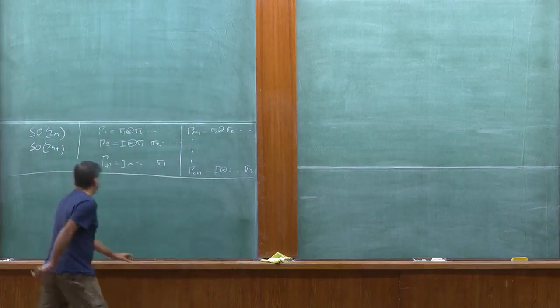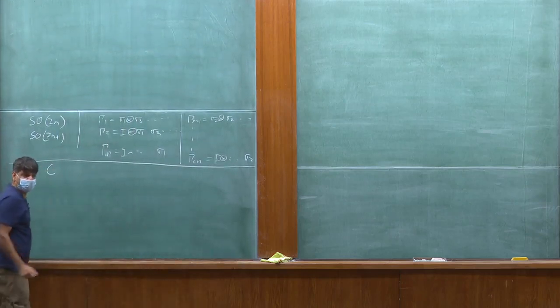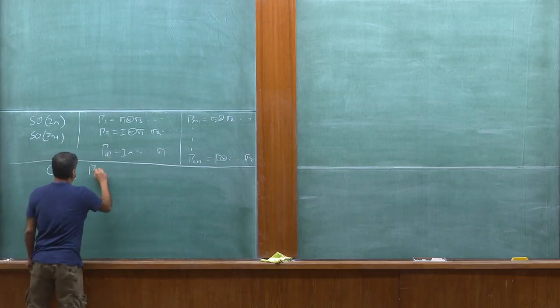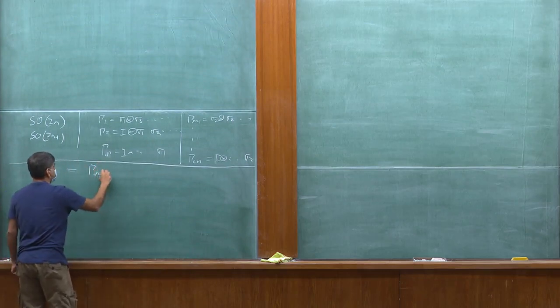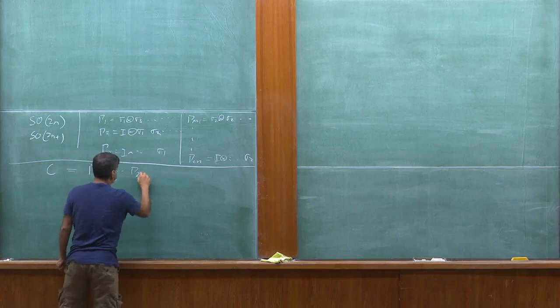We defined this charge conjugation matrix C, which was gamma n+1 up to gamma 2n.